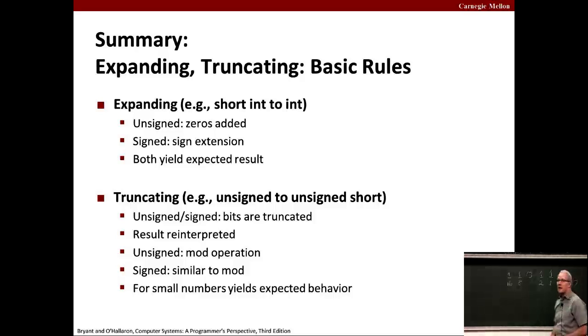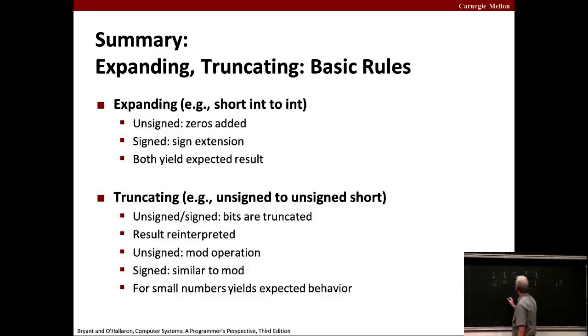What if I decided, oh, I can't afford 5 bits, I only have enough money for 4? Well, you basically just drop the most significant bit. And you get 8 plus 2 plus 1, which is 11.